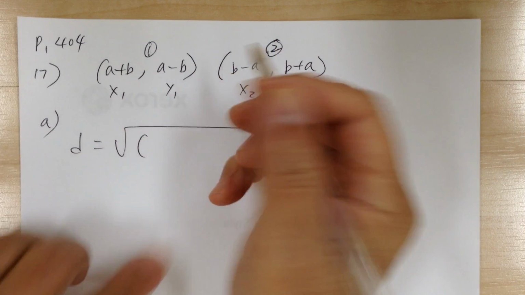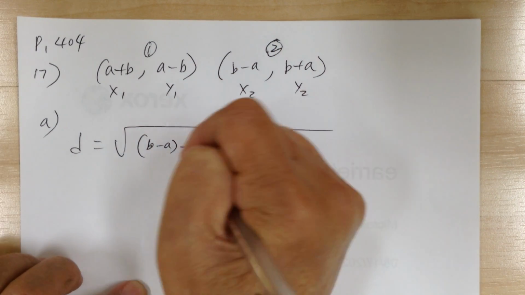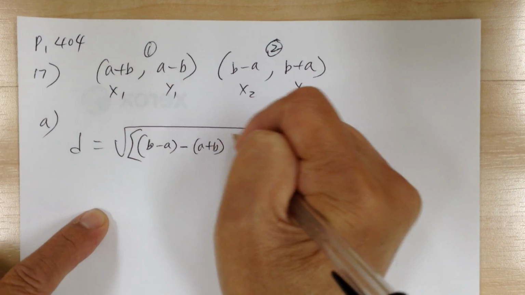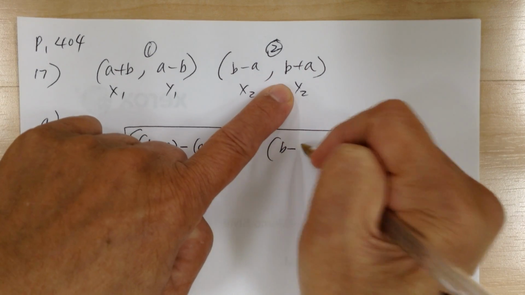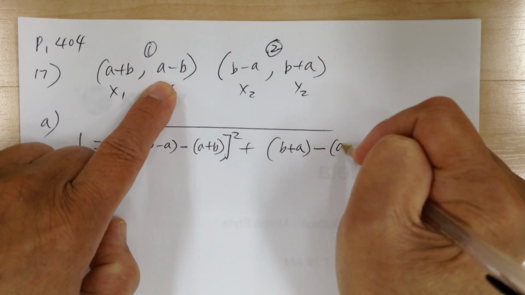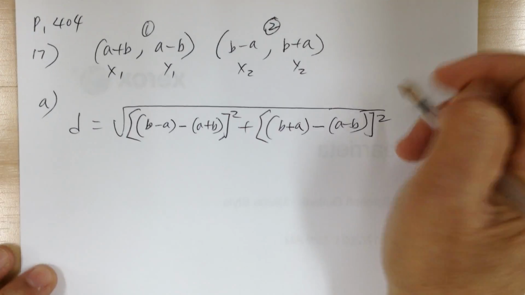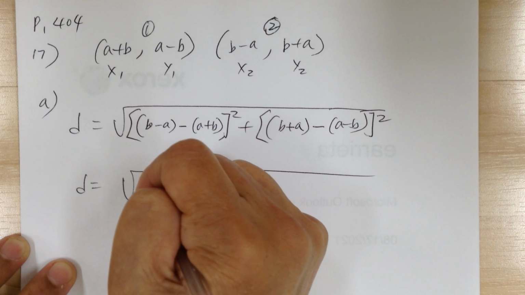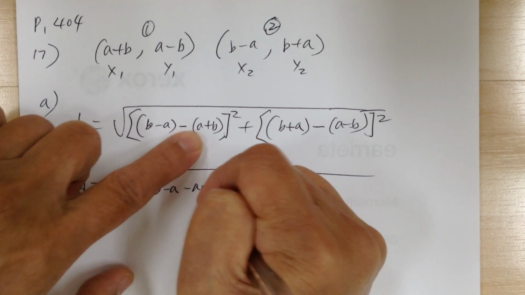It's going to be x2 minus x1, and you have to square that, and you're going to get y2 minus y1, and you have to square that. Okay, so now I have to work it through.